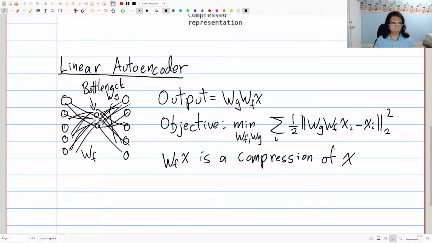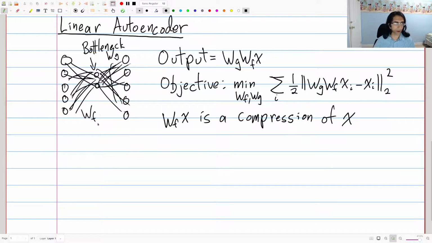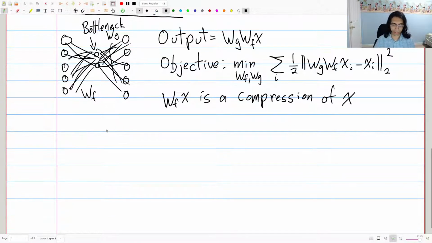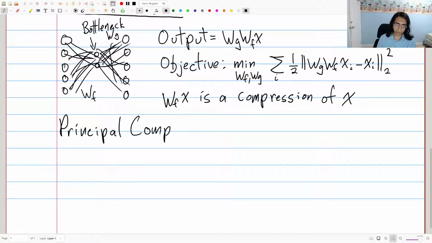I'll comment that linear autoencoders actually very closely correspond, not exactly the same, but very close, to something known as principal component analysis, or you might have heard of this as PCA.